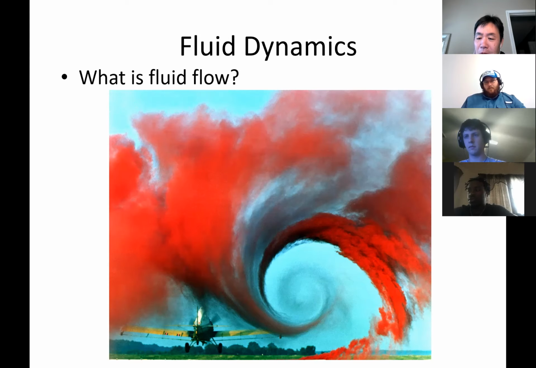So that's fluid mechanics. That's an example of fluid dynamics, and you don't see it. The difficult part of fluid mechanics is that in a lot of applications, you cannot see clearly what happens. That's the major difference between fluid and solid. In solid mechanics, you can always see it.